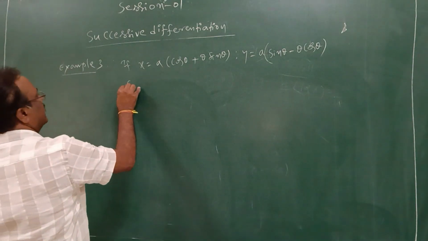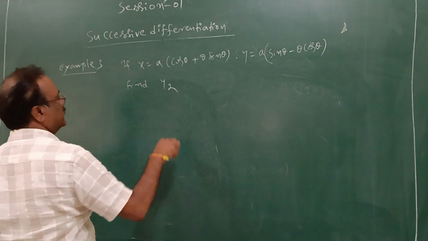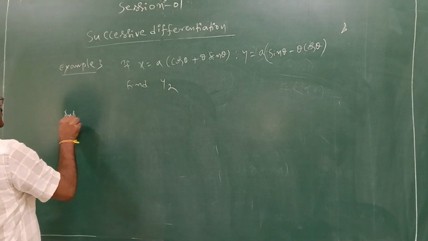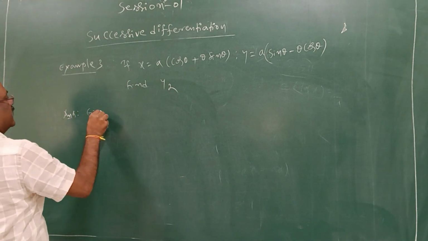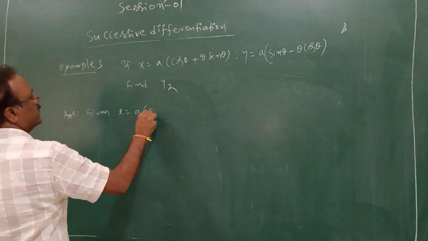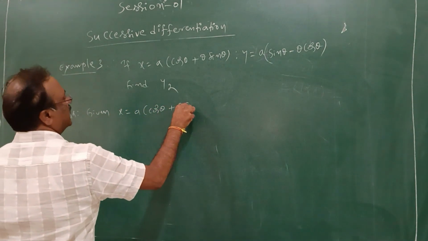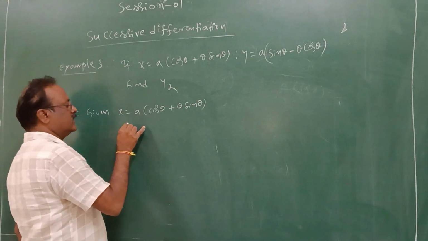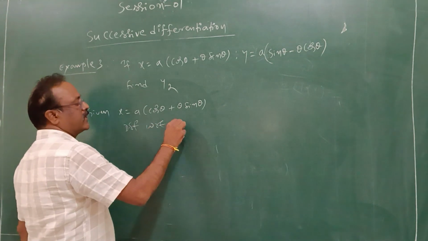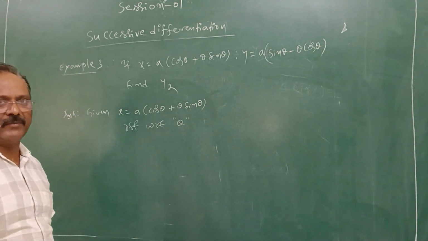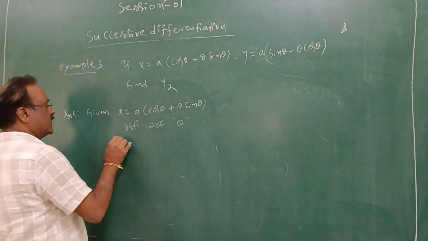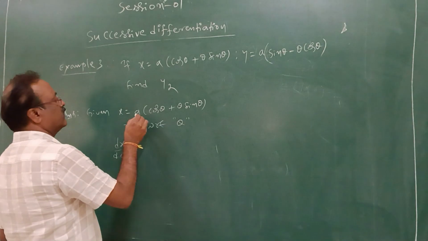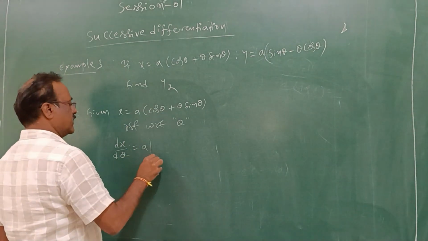For this, let us find y2, or d squared y by dx squared. I will take first x is equal to a into cos theta plus theta sin theta. Now I want to differentiate this with respect to theta only, because here theta is a parameter. Now dx by d theta is equal to a, a constant, into the function.